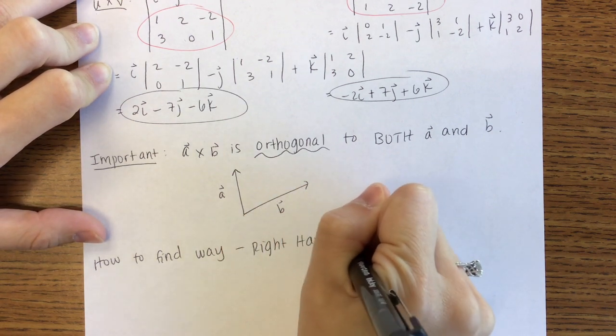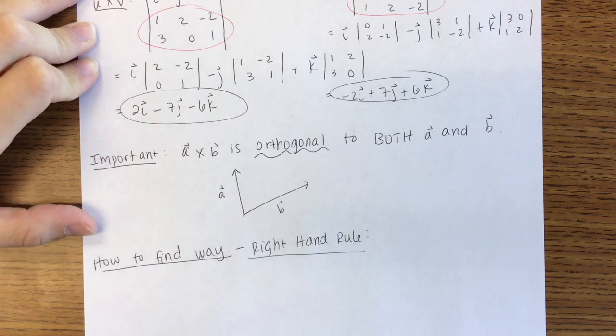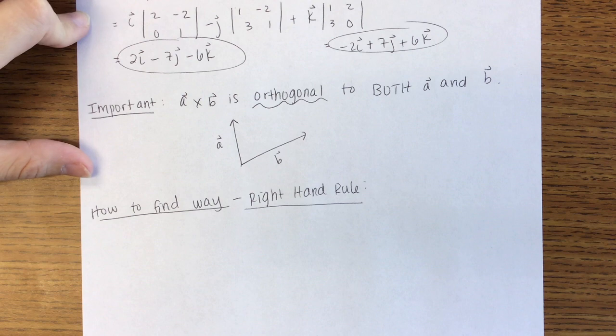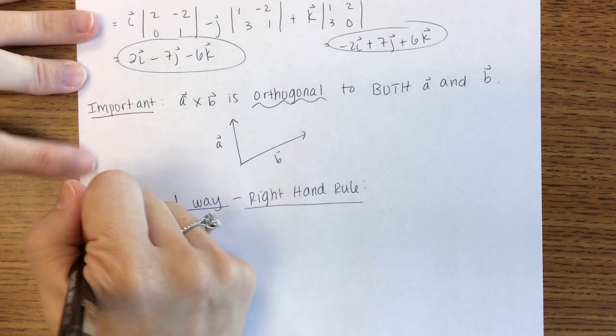Now, this should sound familiar. You covered the right-hand rule, I believe, in physics. If you didn't, we did talk about the right-hand rule the very first day of the course. So here's what the right-hand rule says.